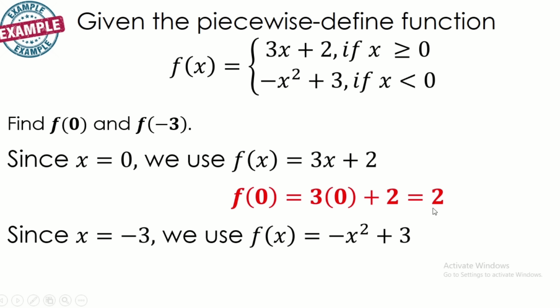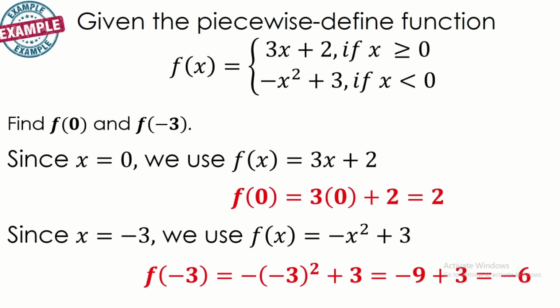So kapag negative 3 naman, of course, since negative yung value ng x, itong function ang gagamitin natin: f of x is equal to negative x squared plus 3 kapag yung x ay less than sa 0. Ganun lang din yung proseso. Magsasubstitute tayo. So negative 3 squared.